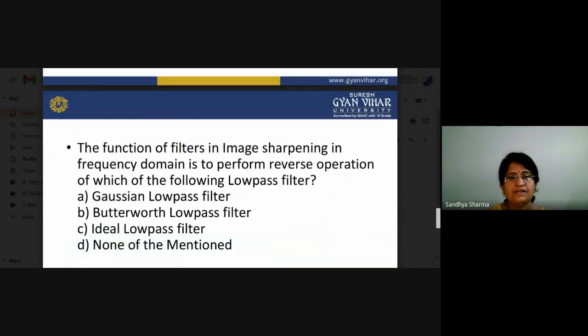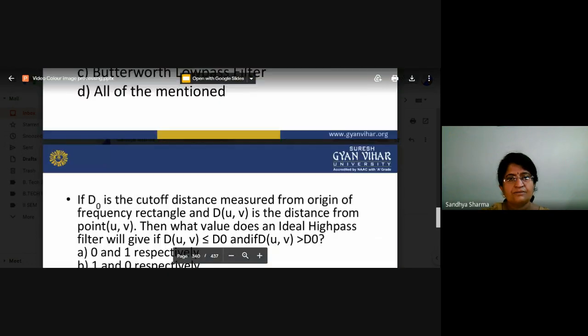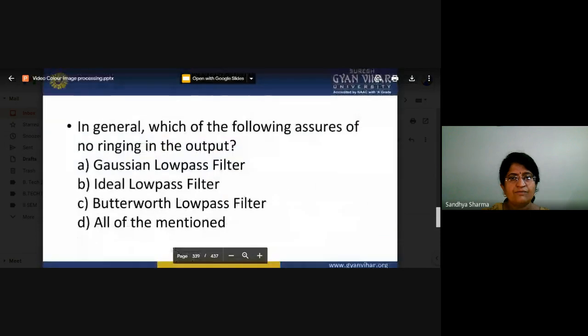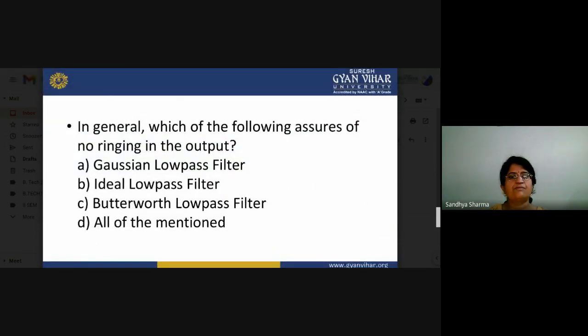In image sharpening, in which part is our image sharpening performing better, or do we have to do the reverse operations? Which type of filter is better, and which type of filter assures no ringing in the output? These are the basic questions you can attempt on that part.